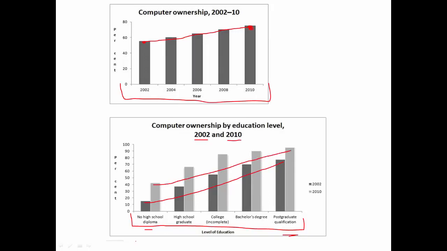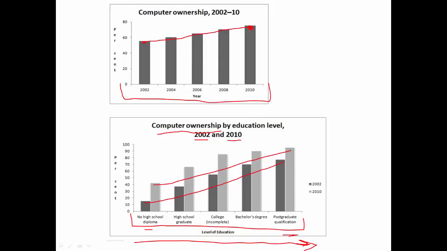And because the graph is going from least amount of education up to most, sorry, my drawing of arrows isn't very good, I can quickly see that the higher the education goes, the higher the computer ownership goes. And this is the same for both 2002 and 2010, relatively the same.